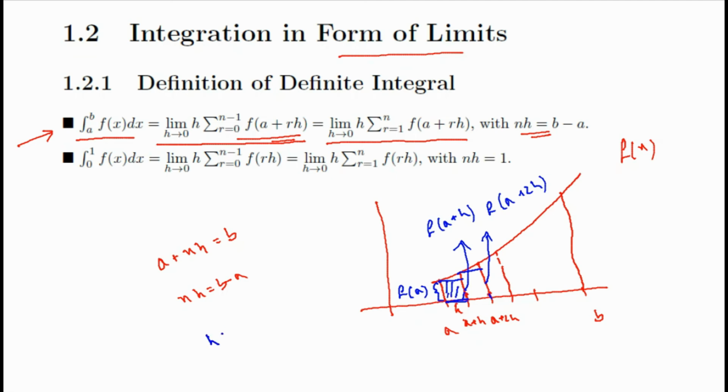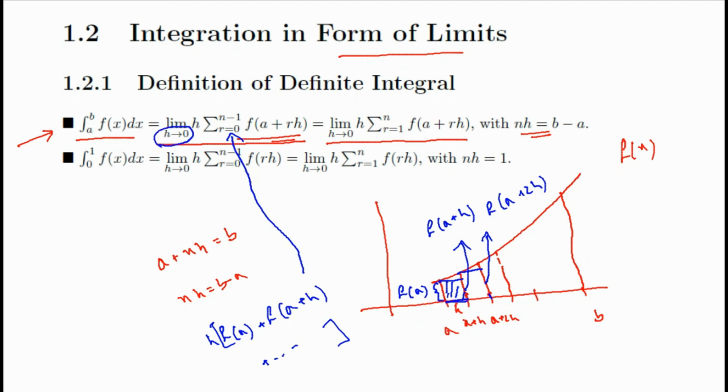This area is h into f of a. Then the next area will be h into f of a plus h. So h into f of a plus f of a plus h plus dot dot dot, like this. And as you can see, this is the form. And one more thing I would like to say, h tends to 0.